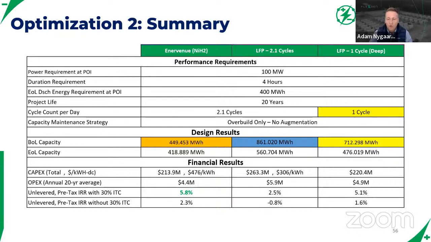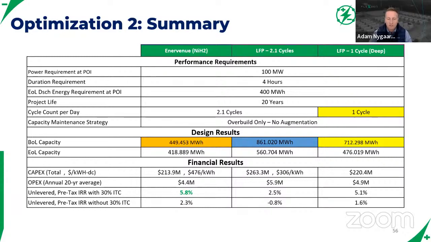But what we wanted to really show here is that the difference in degradation and round trip efficiency can really impact the returns here. And that's what's shown here. I say degradation because it impacts the initial upfront overbuild.